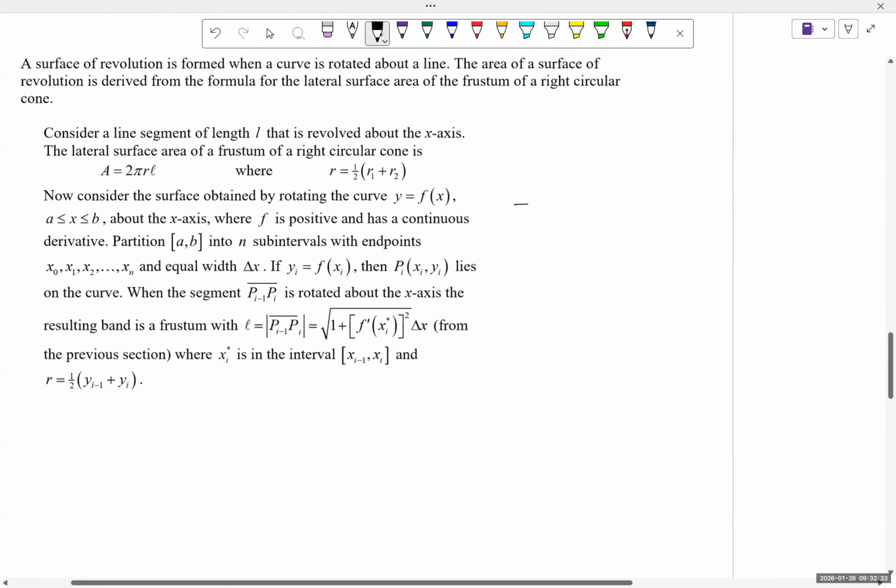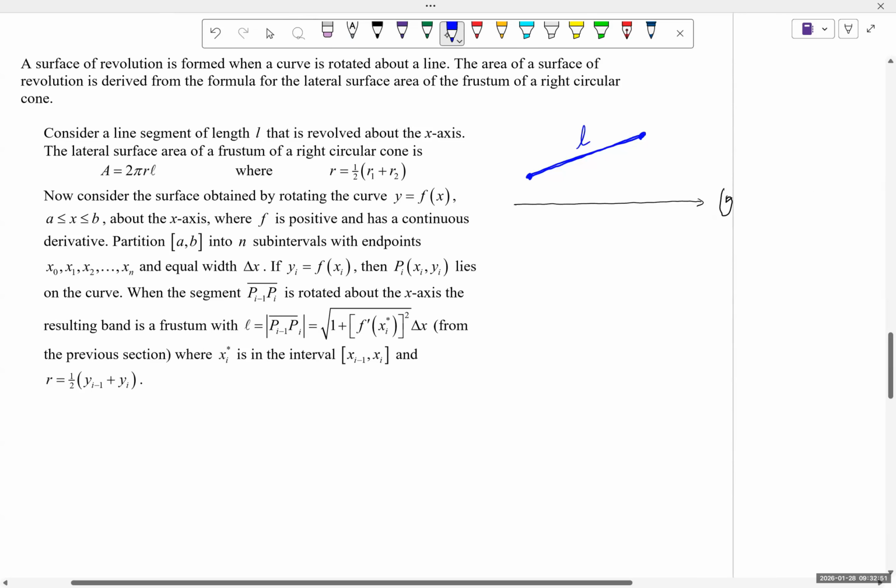We're going to imagine that we have some horizontal axis, and we're going to spin around this axis, but all we're going to spin is a line segment like that. I'm going to call that L, have length L, this line segment.